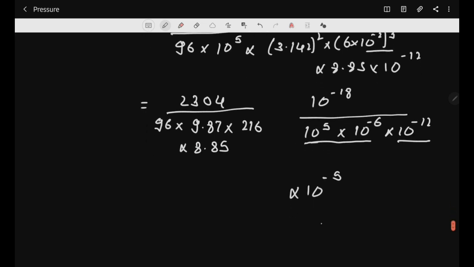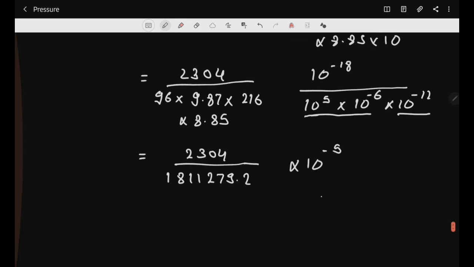Now let us multiply this and see. So we will have 2304 in the numerator. In the denominator we will have to multiply 96 into 9.87 into 216 into 8.85. So this will give us 1811279.2. This will be the number.